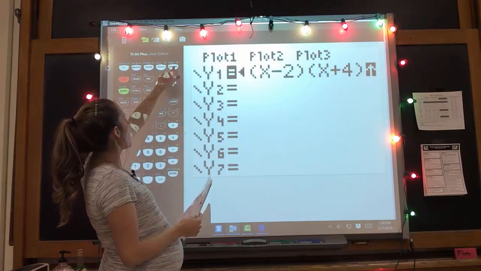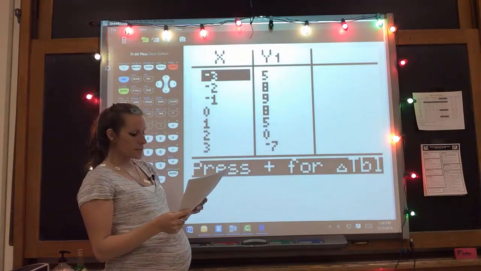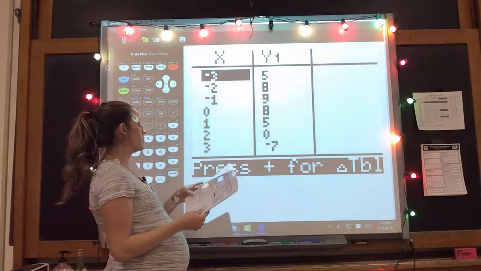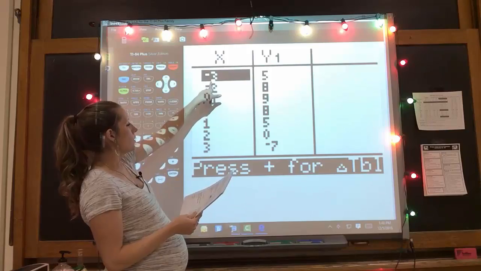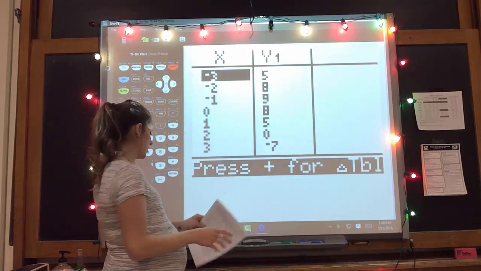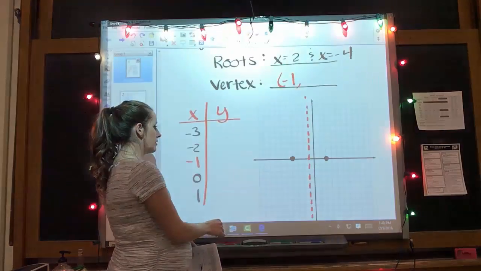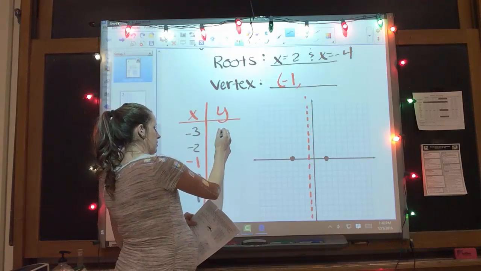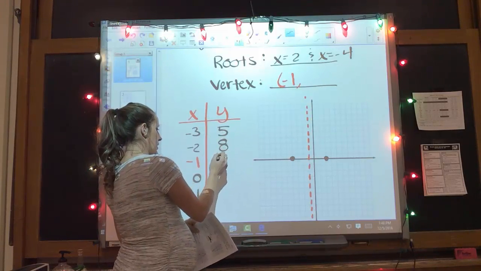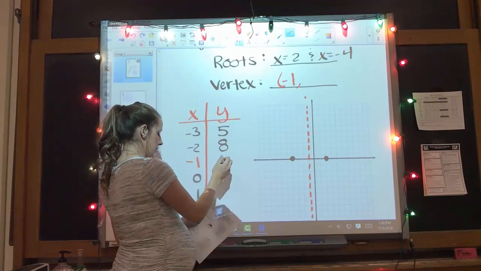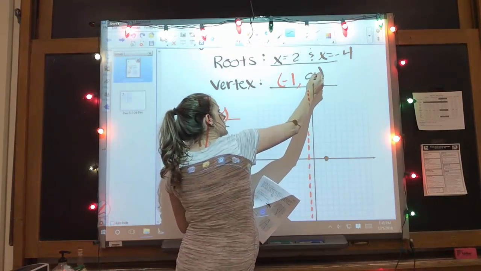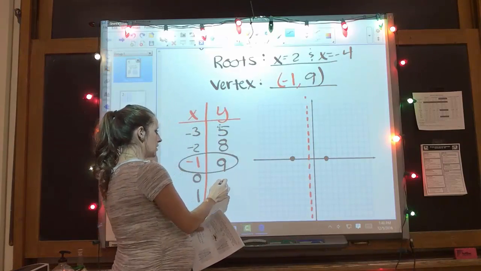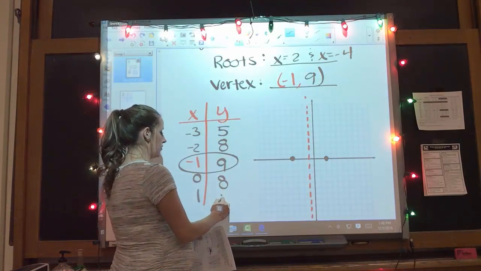So second graph, and we're going to find some points around negative 1, because that's where our vertex is. So negative 3, 5, negative 2, 8, negative 1, 9 is our vertex. 0, 8, and 1, 5.